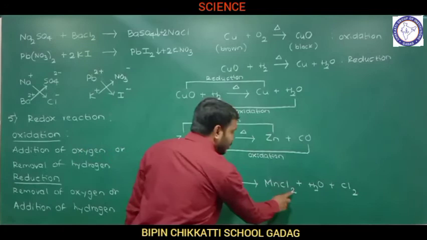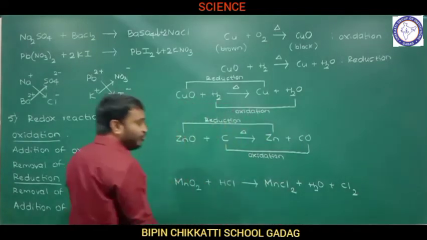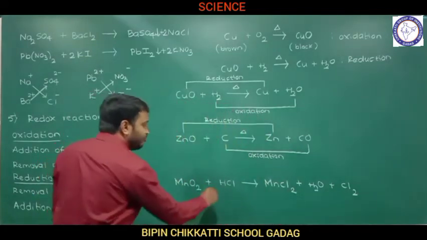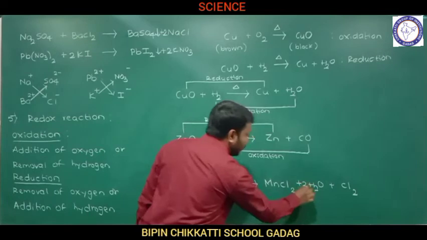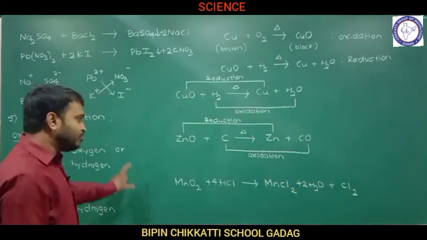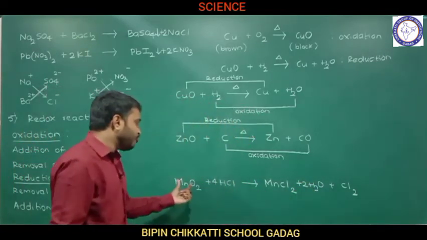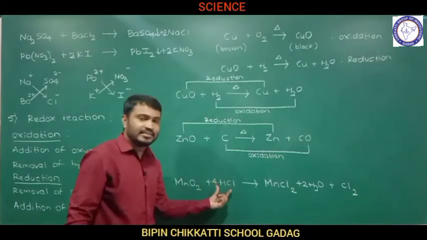So we have 2Cl and 2Cl, totally 4 chlorine on the right side, therefore I need to write 4 HCl, and hydrogen we have 4, and in the product we have only 2, so therefore I need to consider 2 here. So this is how the reaction of manganese dioxide and hydrochloric acid takes place.